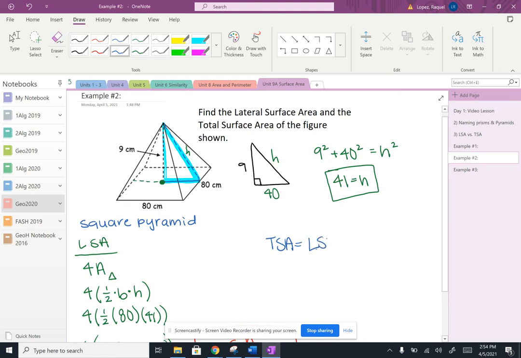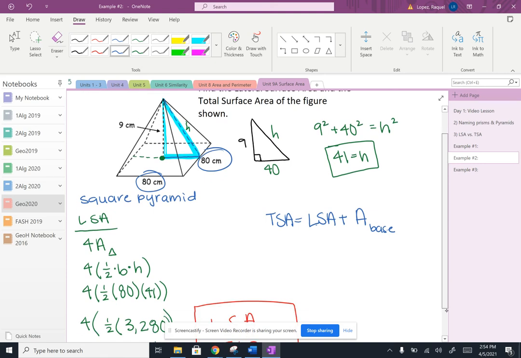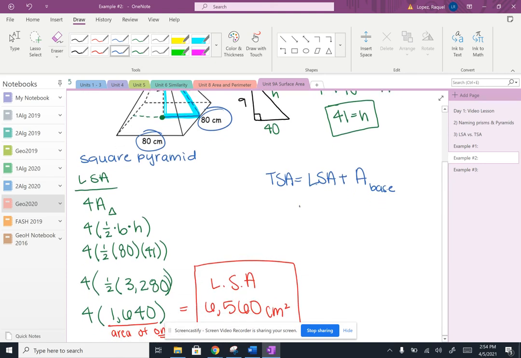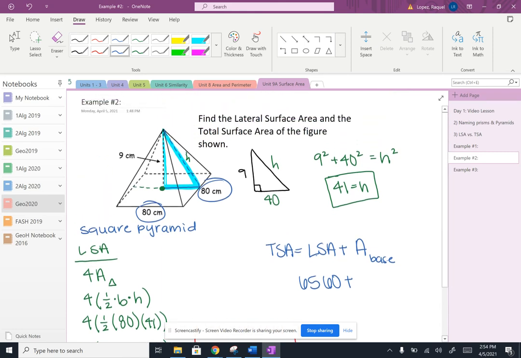Now to find the total surface area, I need to do lateral surface area plus the area of the base. And since the base is a square, it's a square with dimensions 80 by 80. So I need to do 6,560 plus, let's see, 80 times 80.